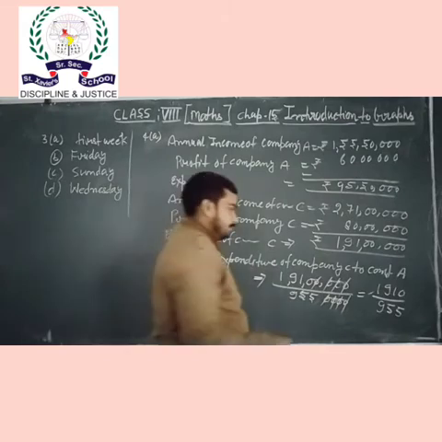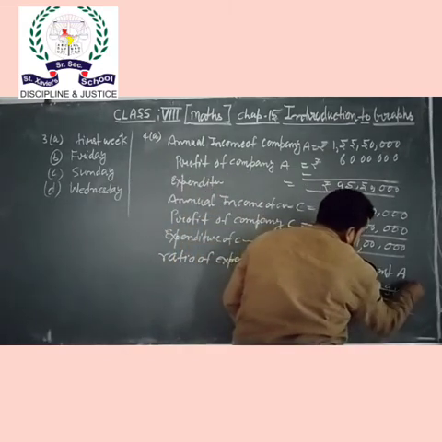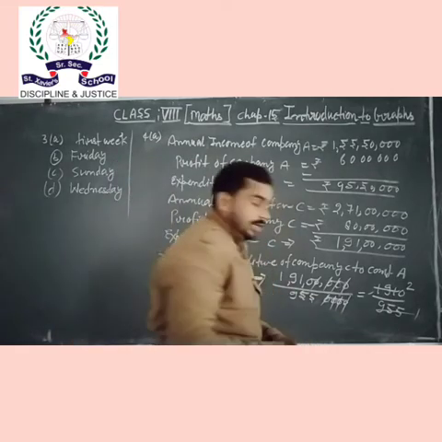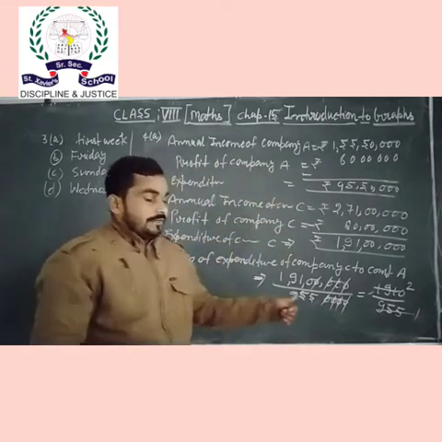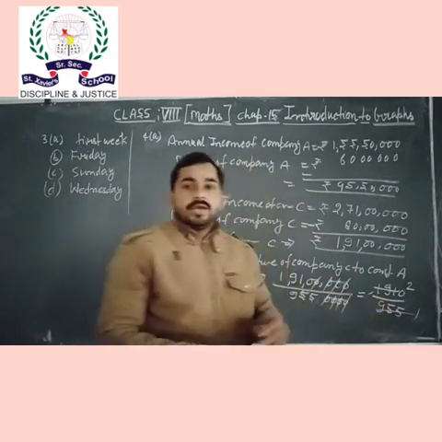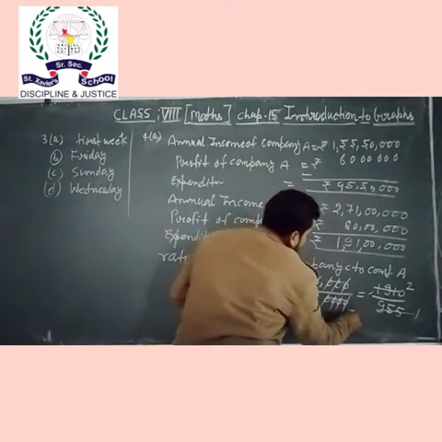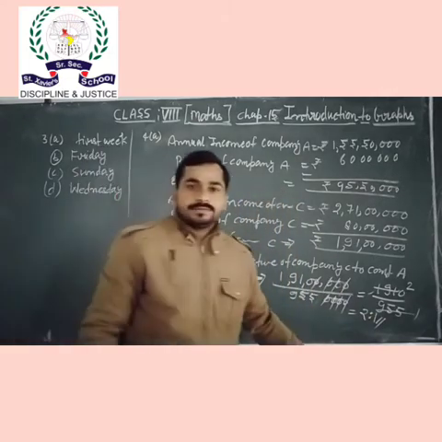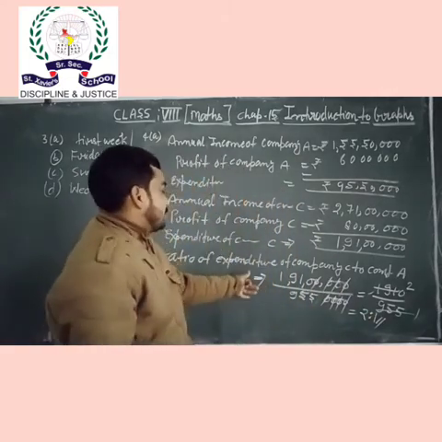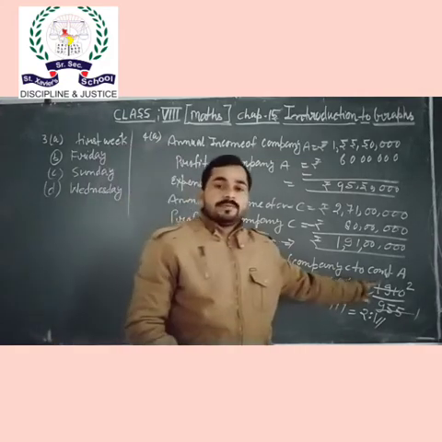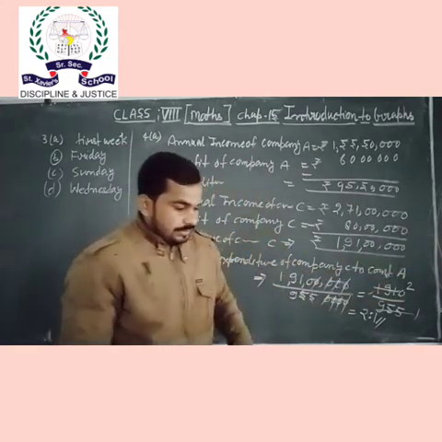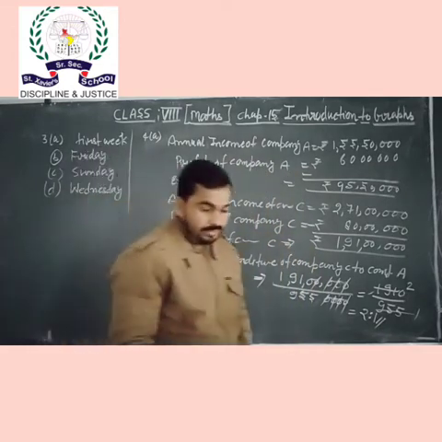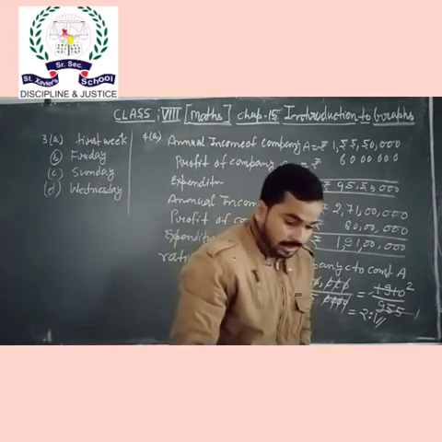When we divide by 5 twice, 2 5 are 10, 2 5 are 10, 11, 2 9 are 18, 1 19. So 955 to 1910. So the ratio is 2:1. This is the ratio of expenditure of company C to company A. So this is the first part of question number 4, part A. Now discuss part B.